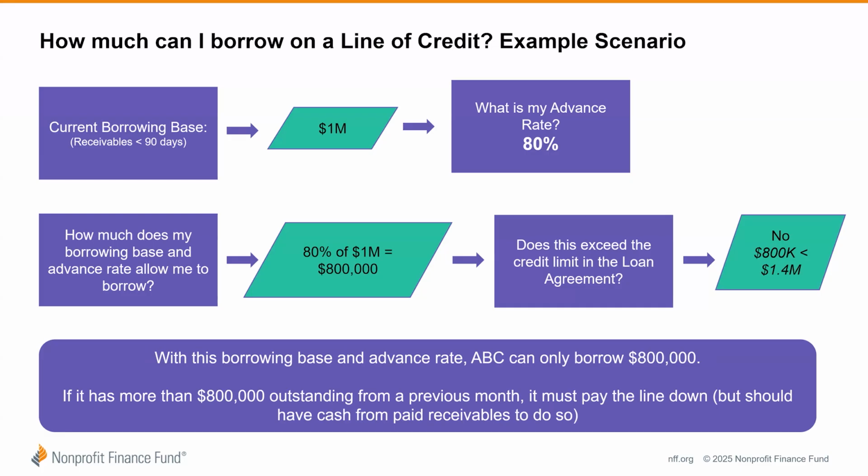Does that make sense? Yeah, I think so, but let me just make sure I understand. So basically, this means as long as I have 1.75 million in receivables, I'm able to borrow the full amount of this line of credit, the $1.4 million line of credit. Is that accurate? Yeah, exactly. As long as those receivables are less than 90 days old.